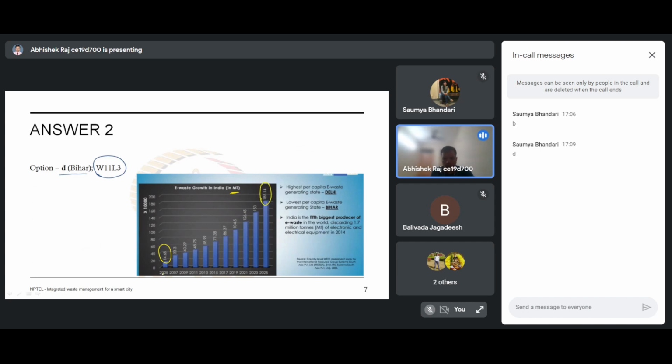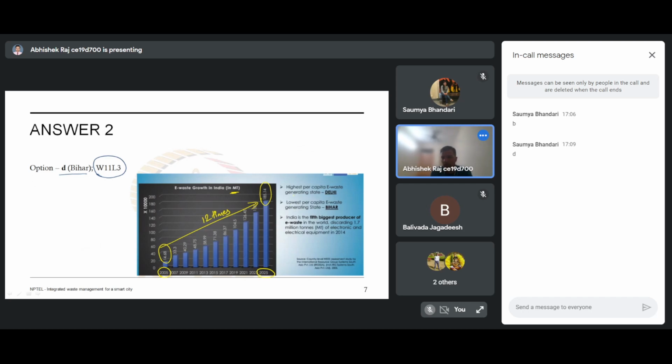The first figure is of 2005, and this is the projected figure for 2025. If we take this as 15, it has grown almost 12 times. So there has been a 12x growth in the e-waste generated in India over the past 20 years.